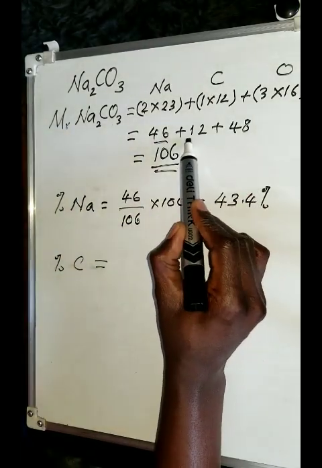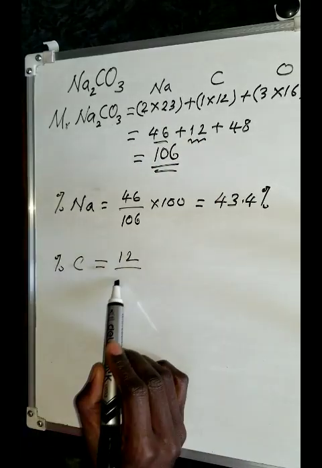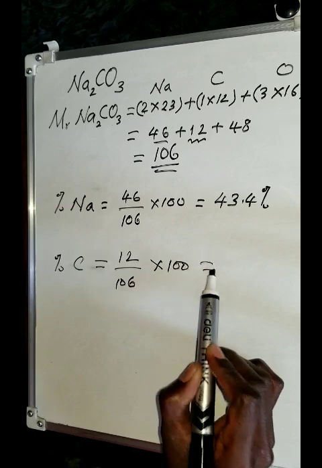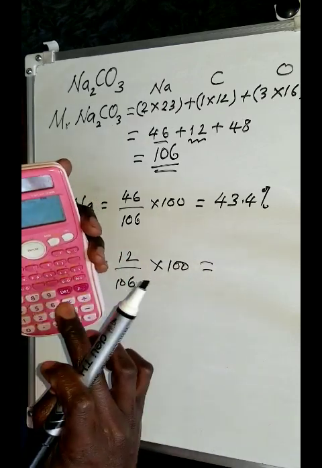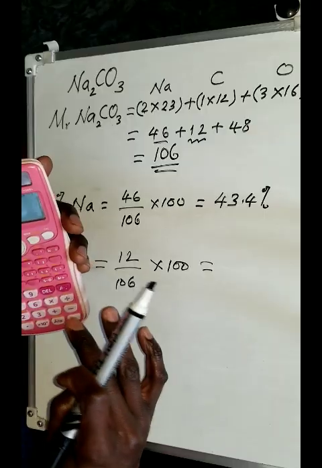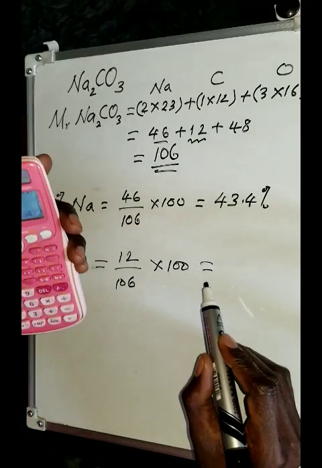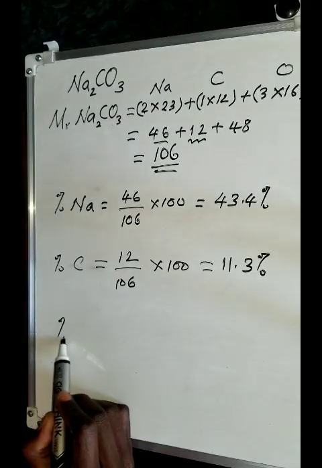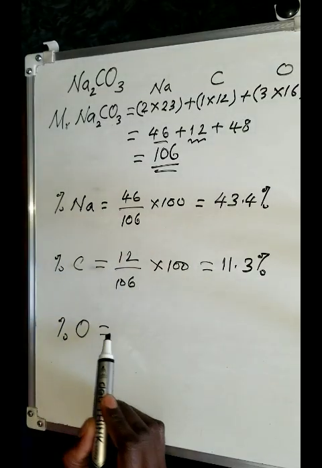Let's go to the percentage composition of carbon. Again, you look at the mass of carbon, which was 12 over 106 multiplied by 100. That is giving me, in this case, 11.3%. What about the percentage composition of oxygen in the compound?